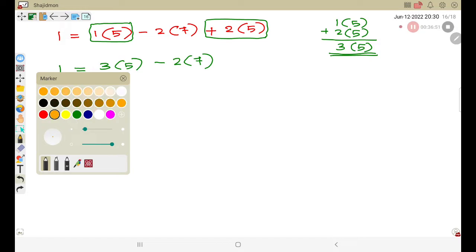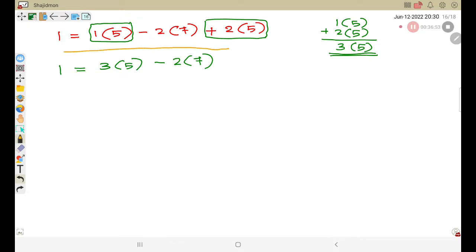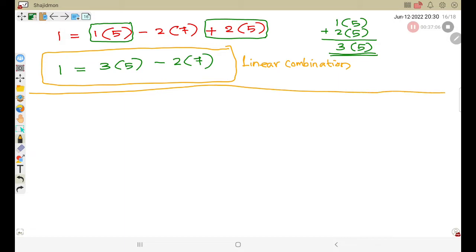Just to note, this is the linear combination step. Okay, so first step is over, just finding GCD and linear combination.